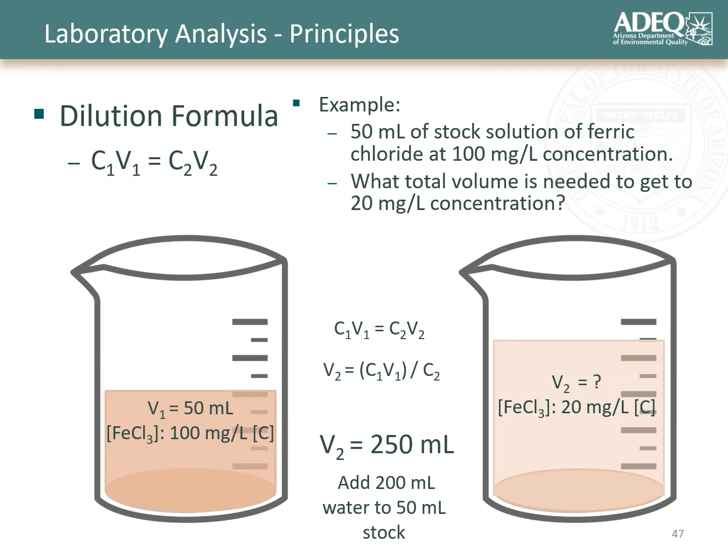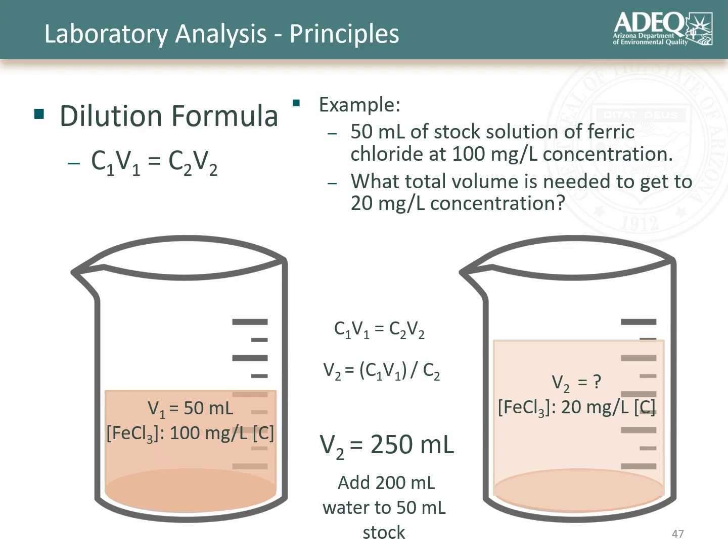Because our initial sample volume is 50 mL, we need to add 200 mL of water to that V1 sample to get the final volume of 250 mL. At that point, we'll have a concentration of ferric chloride of 20 milligrams per liter.